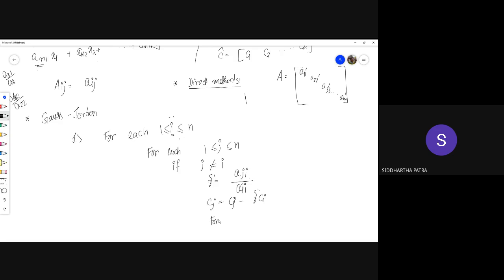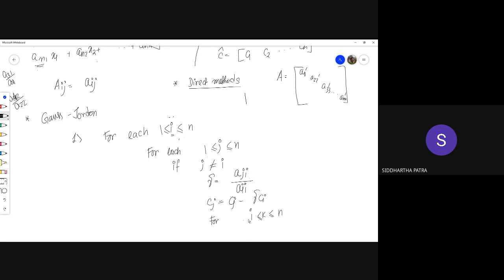And another for loop is there. And that for loop goes for k equals 1 to n. Should it go for 1 to n? Actually, it can go from I to n.